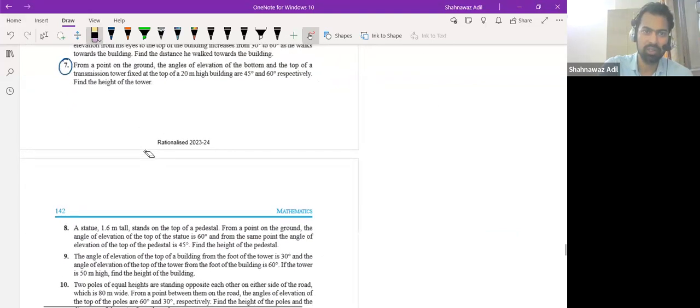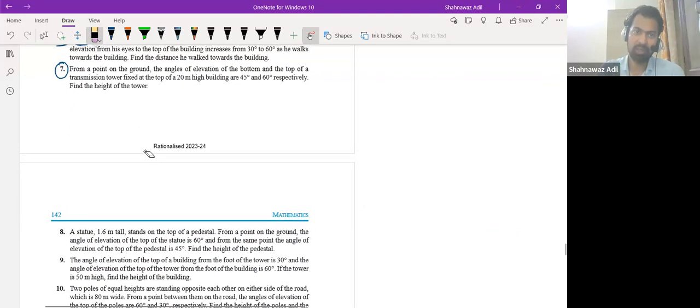From a point on the ground, the angle of elevation of the bottom and top of the transmission tower fixed at the top of a 20-meter high building. First, let us understand what points are given in this question. One is this point on the ground.